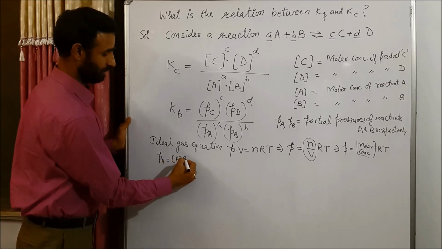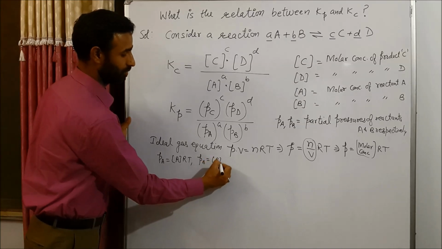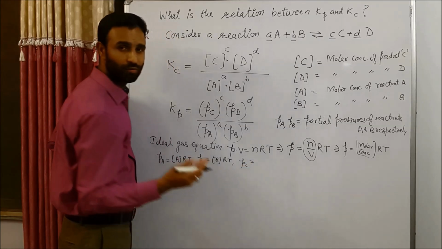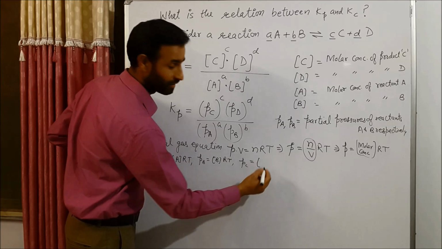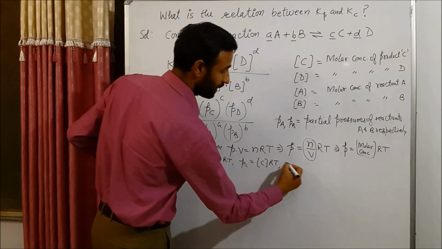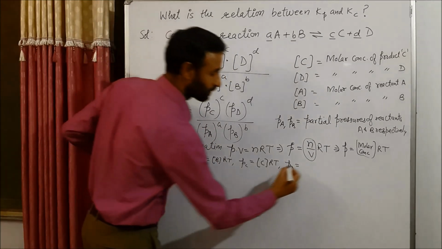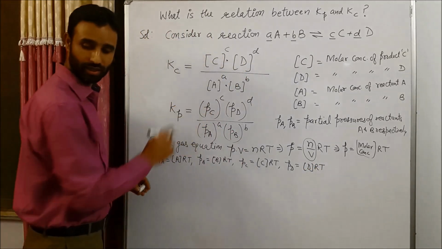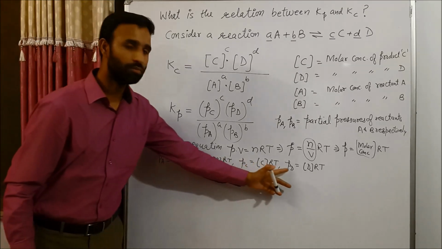So likewise, what is PA? Concentration of A into RT. What is PB? Concentration of B into RT. What is PC? Tell me. PC is, yes, concentration of C into RT. What is PD? Concentration of D into RT. So in this way, we get PA, PB, PC, PD.